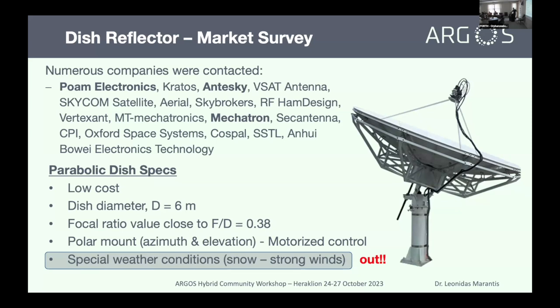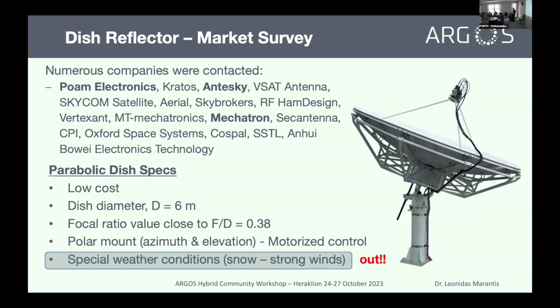And at the start, there was also a really strict specification about special weather conditions, because we had in mind that a site location in Skinagas up in the mountain was a really good candidate. We thought that this was the best candidate for the pathfinder.